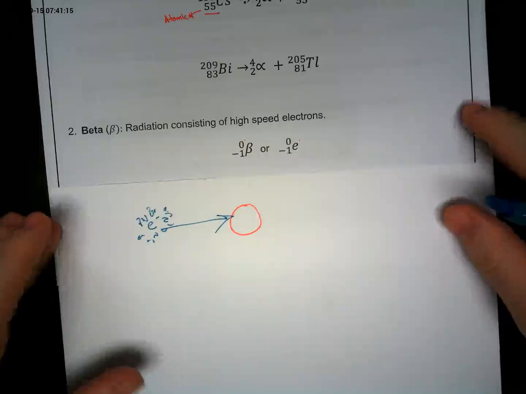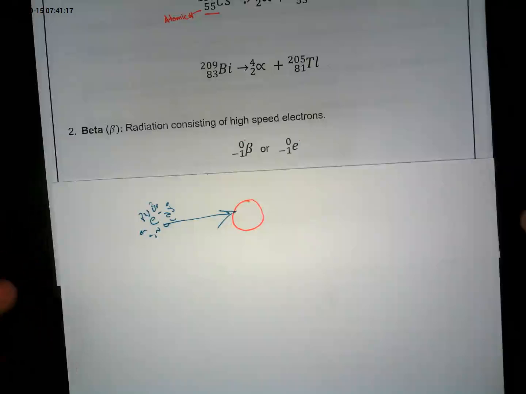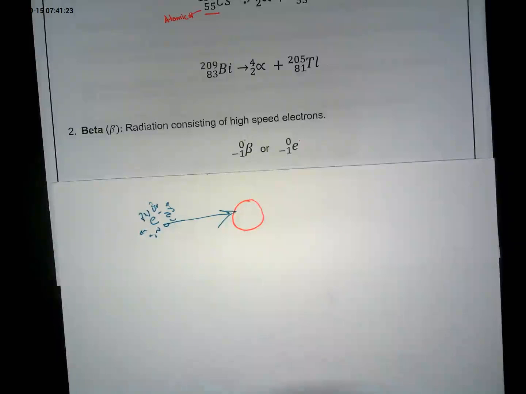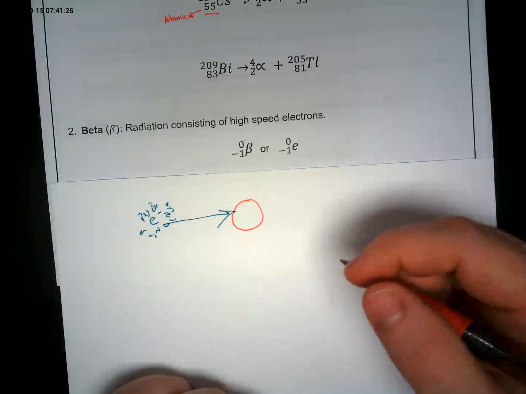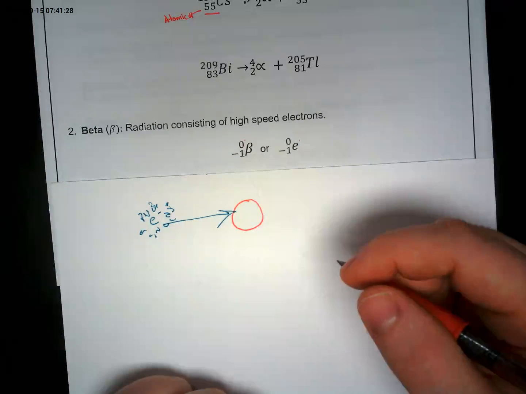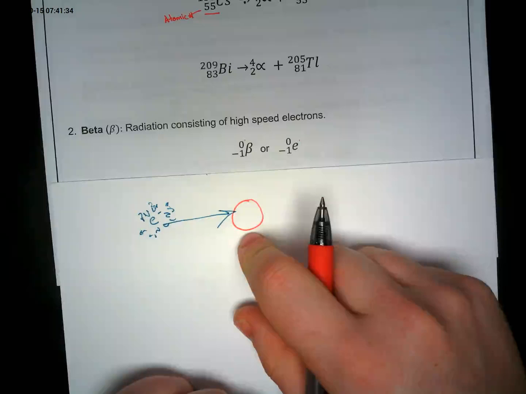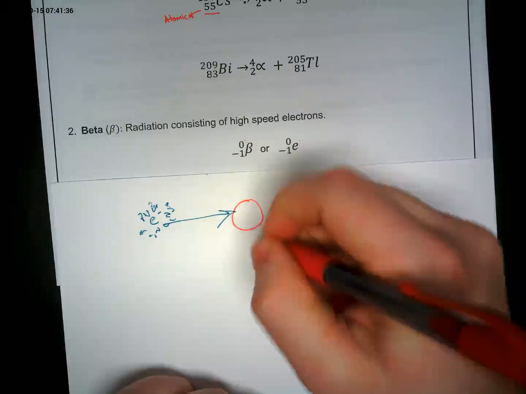Because this electron is not only carrying its negative charge with it, it also has quite a decent chunk of energy with it. It's going to destabilize your atom a little bit. What I mean is there's a good chunk of energy slamming into it, so it has to change in order to compensate for this new amount of energy.